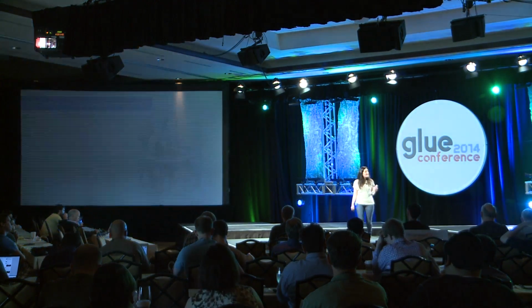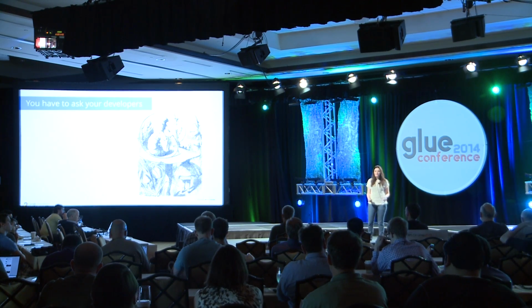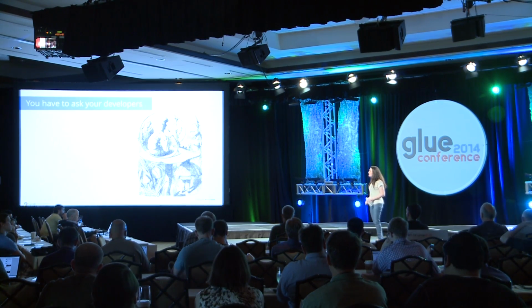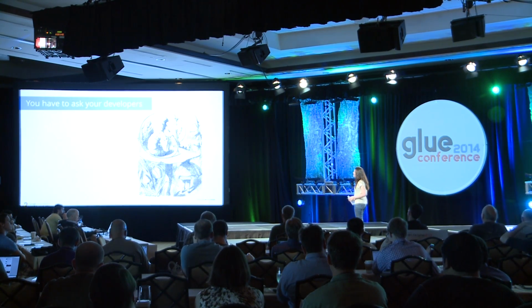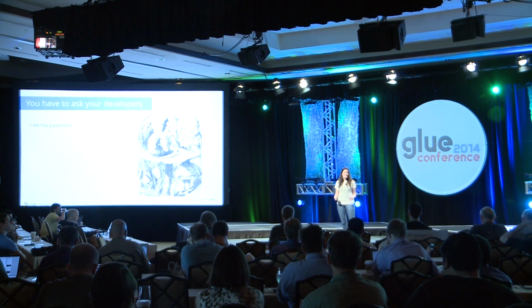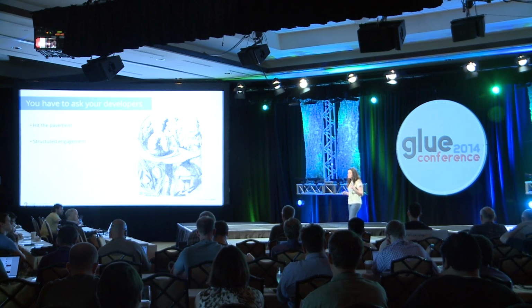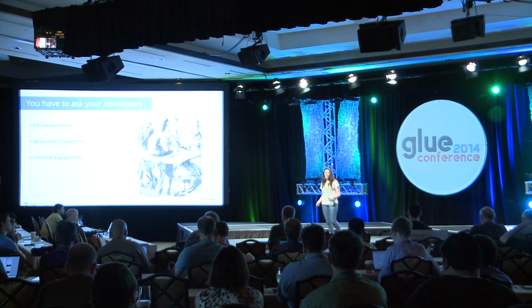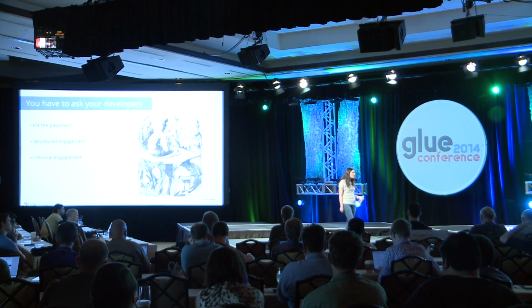And you have to start to ask your developers and find out who they are. And you can do this in several ways. You can do it kind of by hitting the pavement, immersing yourself in the community, and learning through absorption. You can do it in a structured and informal way of engaging ad hoc, online or at meetups.